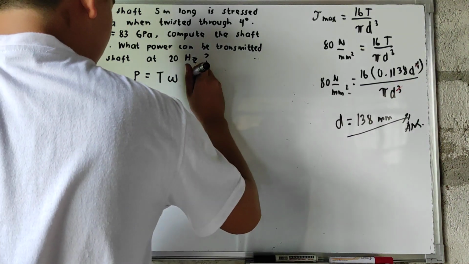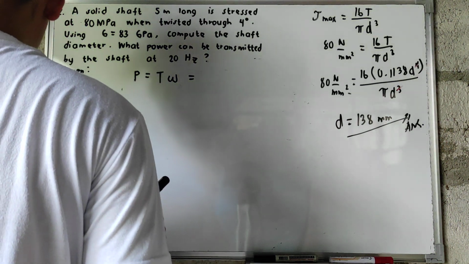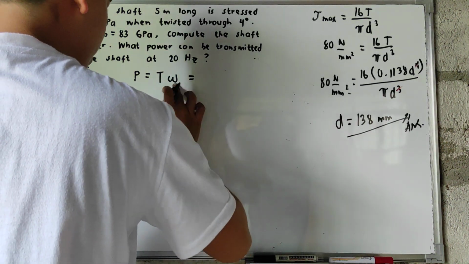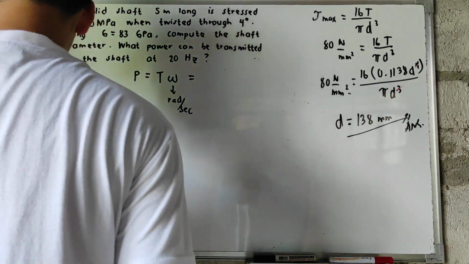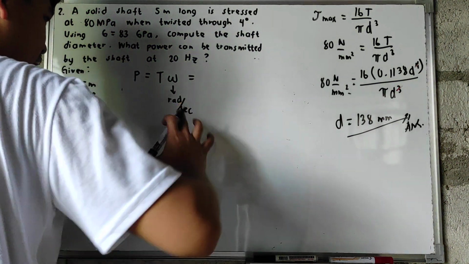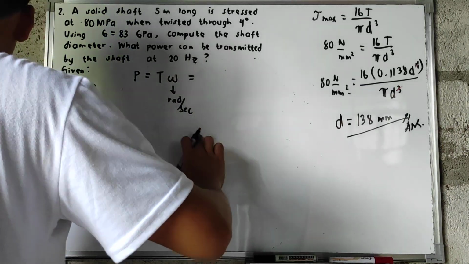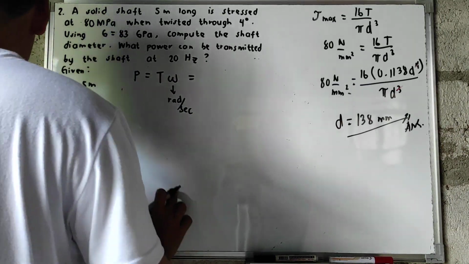Now, the value of W is in radians per second, which is the number of rotations per second in radians.